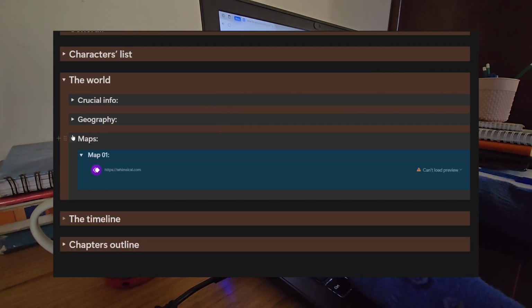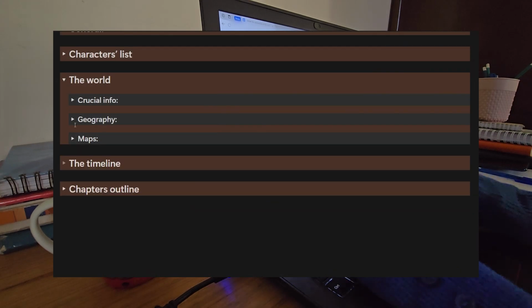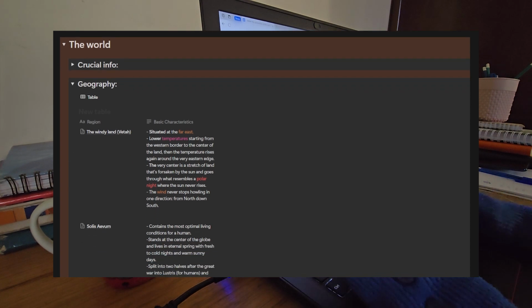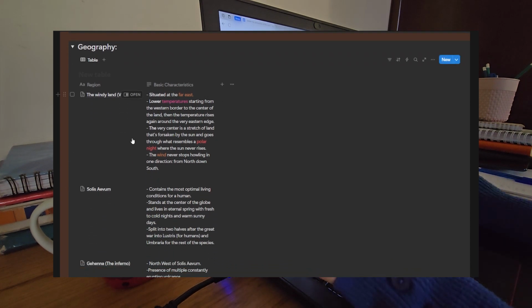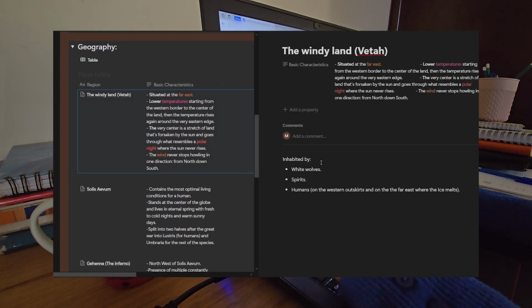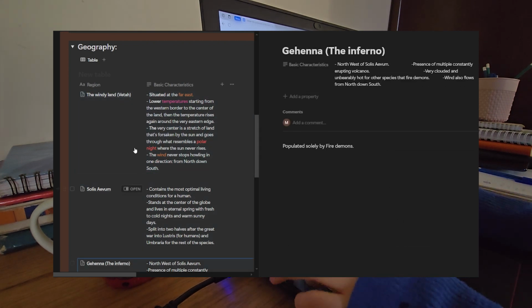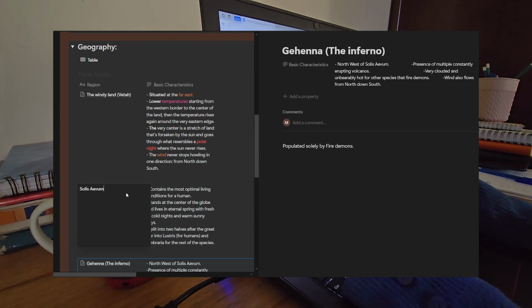Now, right after a map of the universe I imagined, I've noted all of the intelligent species that would exist, even if they're irrelevant to the story, because I technically based the geography on them and the conditions they're most likely to handle. For example, Sorlus Ivium is neither too cold nor too warm.